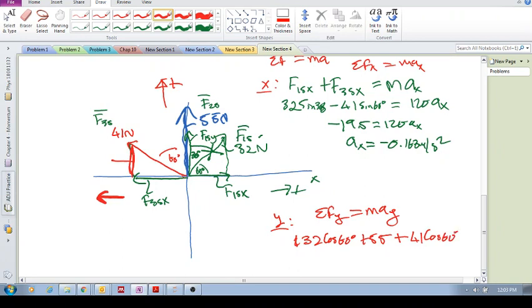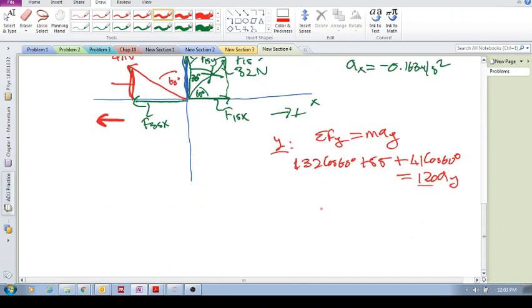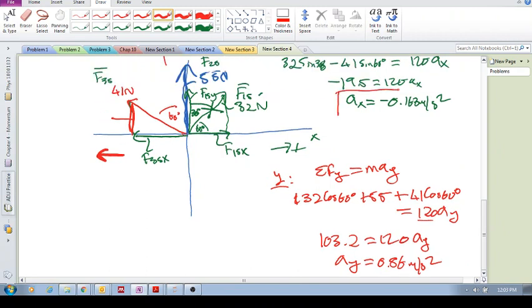Cos 60 equals 120, that's your mass, times the acceleration in the y direction. So this gives us 103.2 is equal to 120 AY. And then AY is 0.86 meters per second squared. Okay, so now we've got our two components. We've got AX and we've got AY.